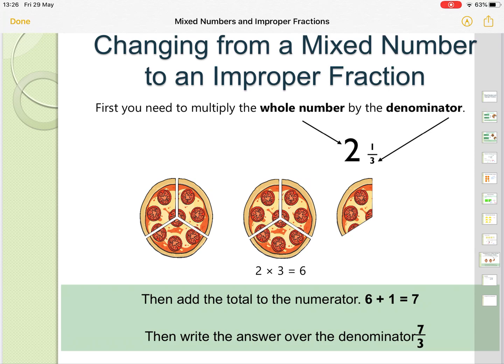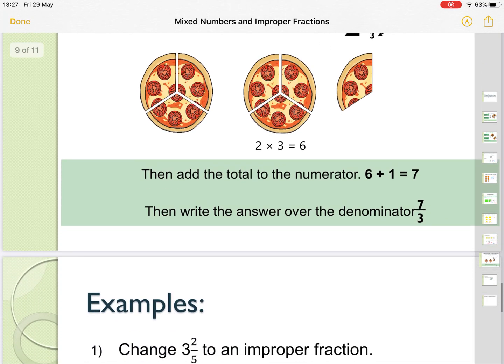I need to add the numerator, so 6 plus the numerator, which is 1, is equal to 7. Then the answer is 7 over the denominator that I have, because each diagram is still divided into 3 parts. So 7 parts out of the 3.